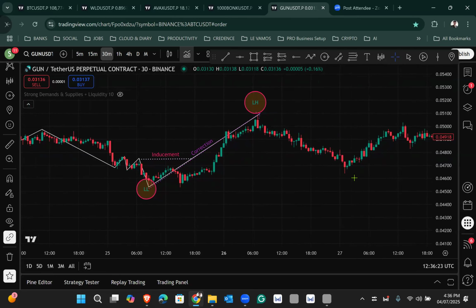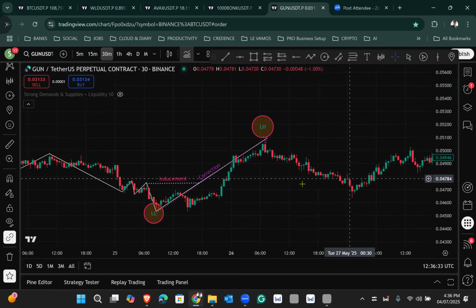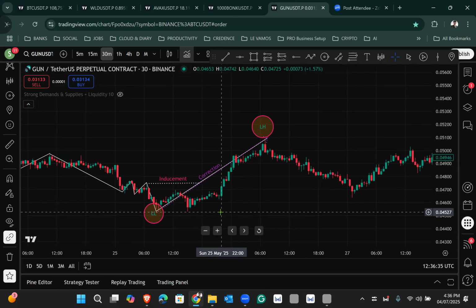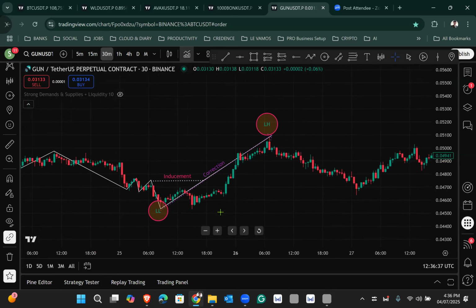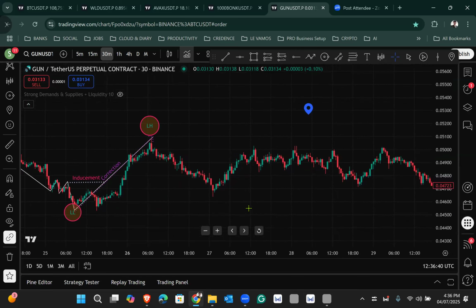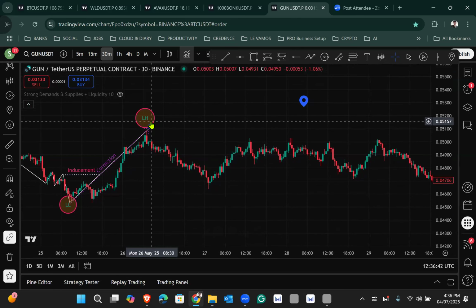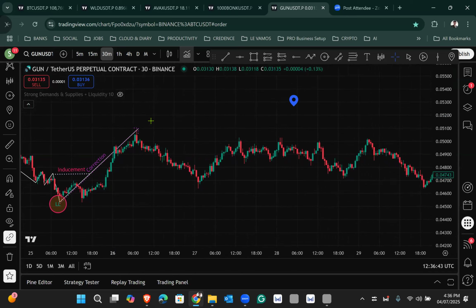Yes, we must have a break of structure to the downside before you confirm the lower high, because you don't know how far the correction is going to go. How far the correction point is going, we don't know. So we cannot consider this the lower high. Let's wait and see.